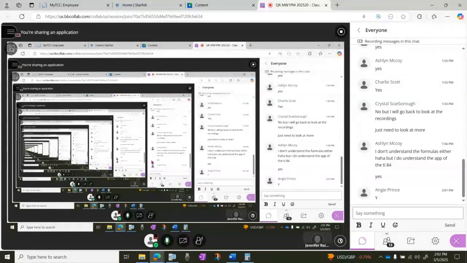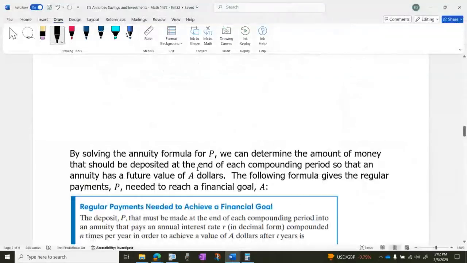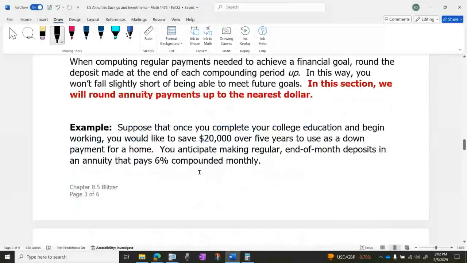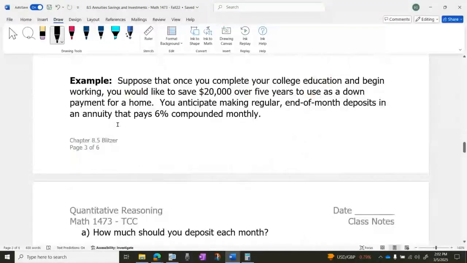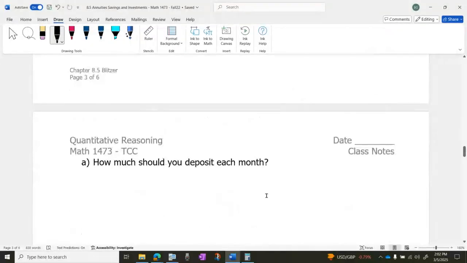So let's look at a problem about funding the payment, with an account that pays 6%, making regular monthly deposits.